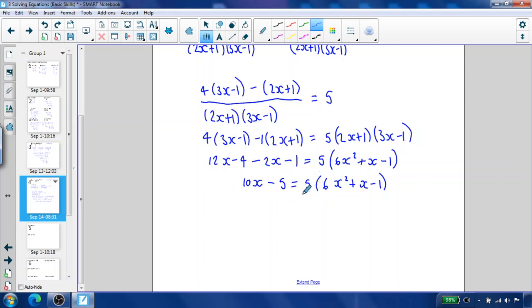So I'm going to actually divide both sides by 5 to get rid of this 5 and make this a little bit more simple. So divide everything by 5, I'm going to get 2x minus 1 is equal to, this is gone now because I've divided by 5.